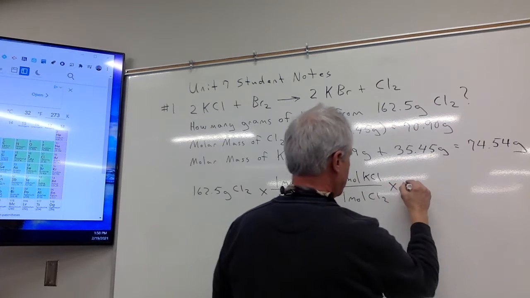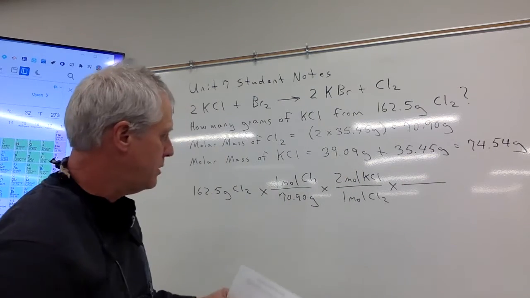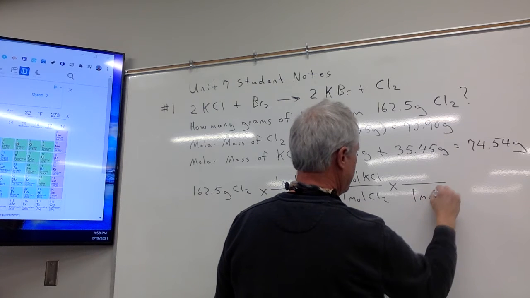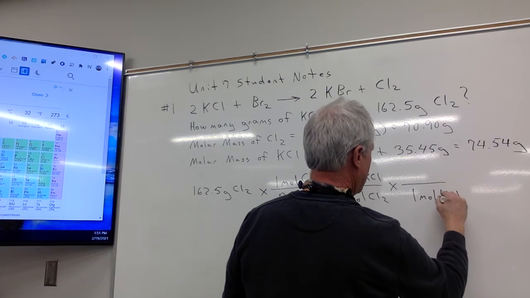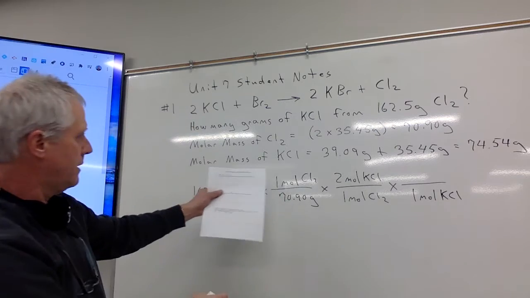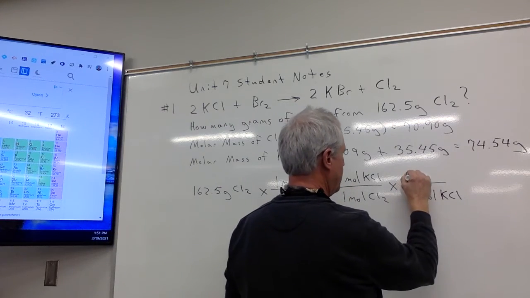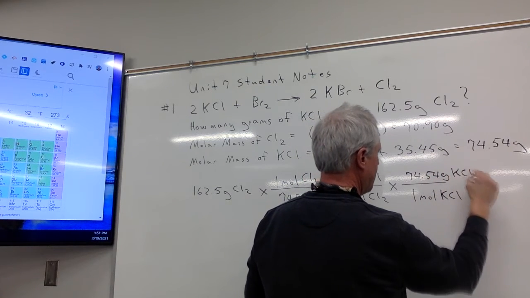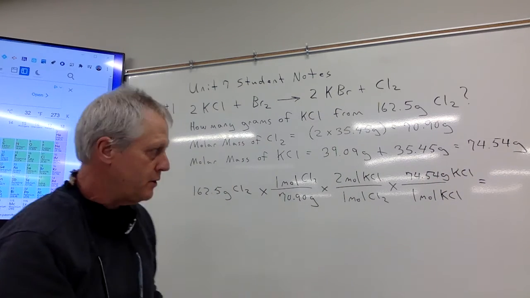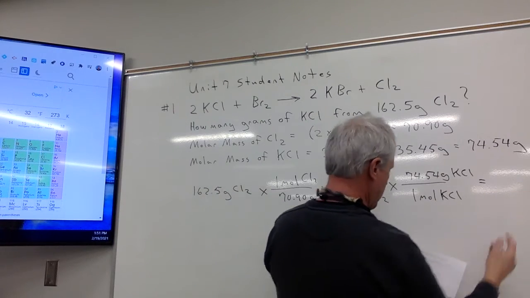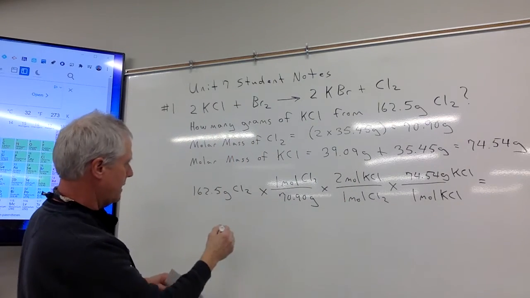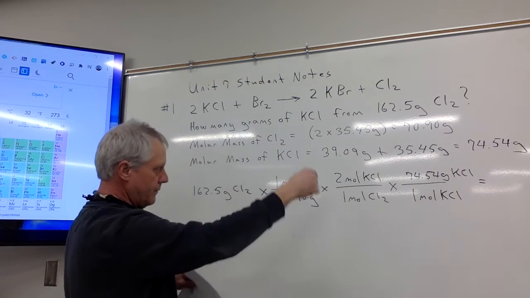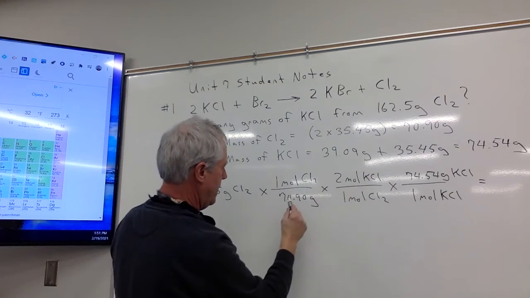Next, we set up our molar mass dimension for potassium chloride: in 1 mole of potassium chloride, there are 74.54 grams. Now we are ready to solve for the total mass. When you do a problem like this, all of the values on the top side of the ratios are numerators, and these are the denominators.